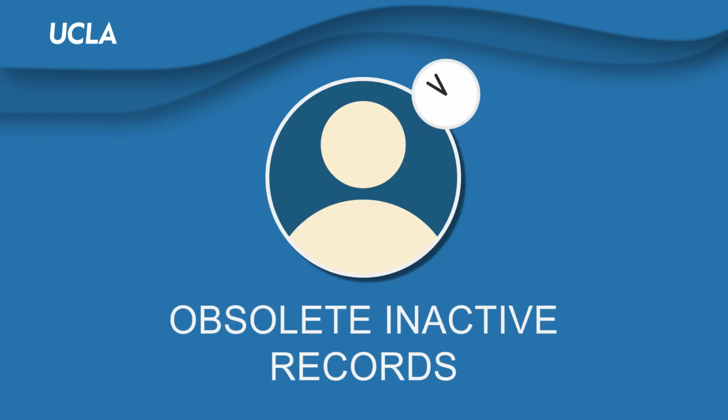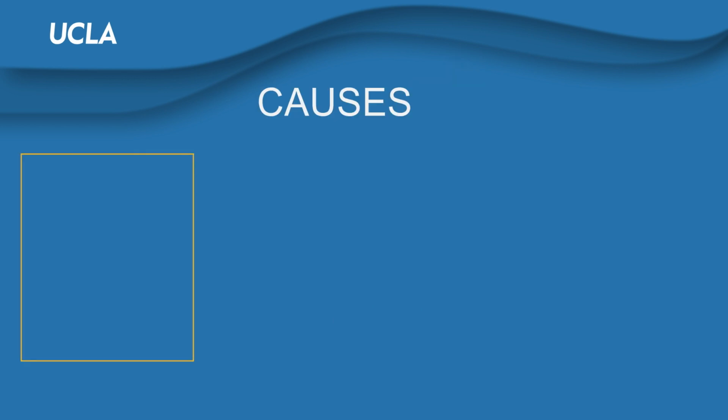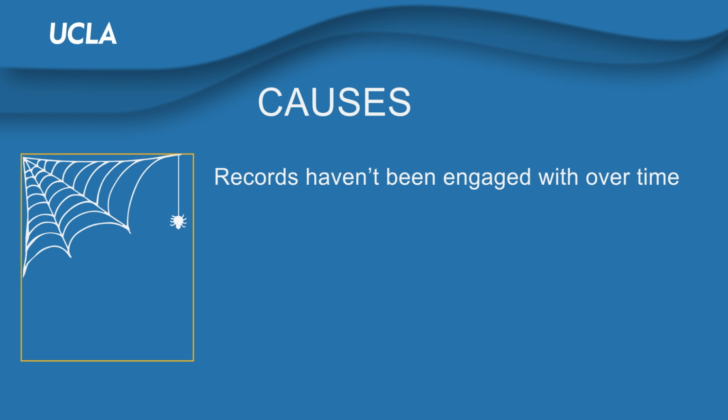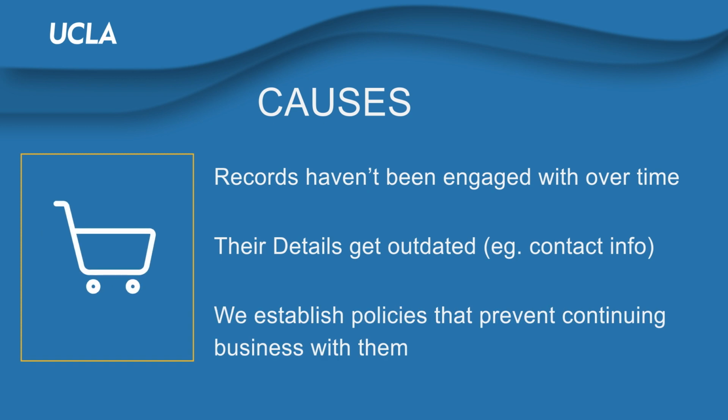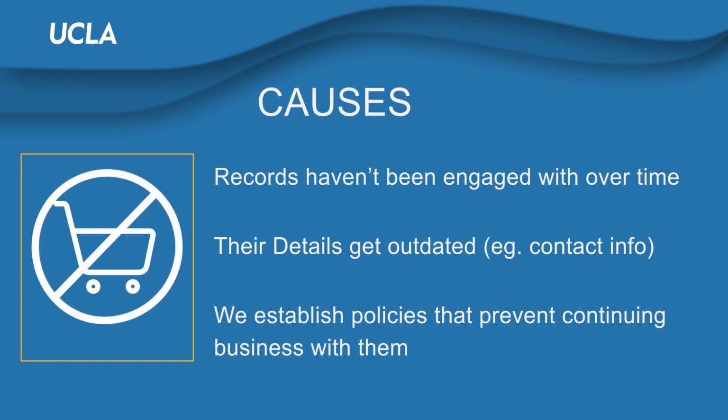Obsolete or inactive records are also commonly found when cleaning up databases. This happens when records haven't been engaged with over time. Their details get outdated, like contact info, or we establish policies that prevent continuing business with them.